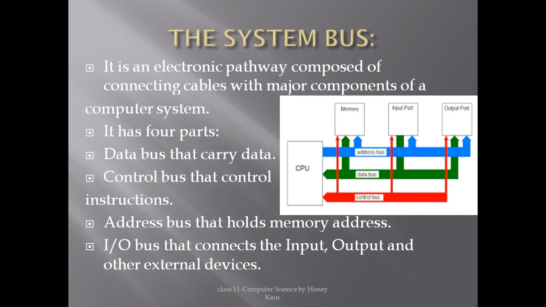Using this diagram, we can understand that the system bus is basically of three types, that is a data bus that carries data, a control bus that controls the instructions, means how the data has to move from arithmetic unit, from input unit to control unit and other parts, the address bus that holds the memory address, so it is also an important part, and in the last the input output bus.